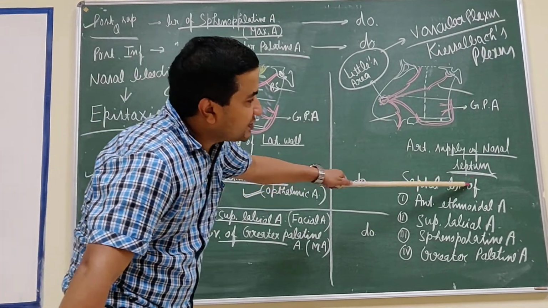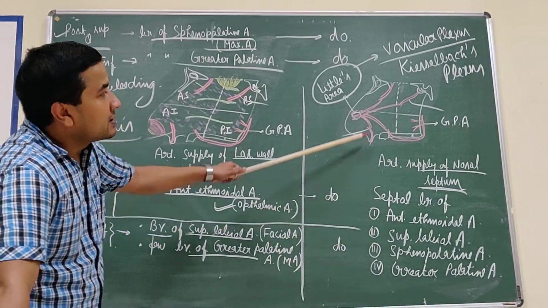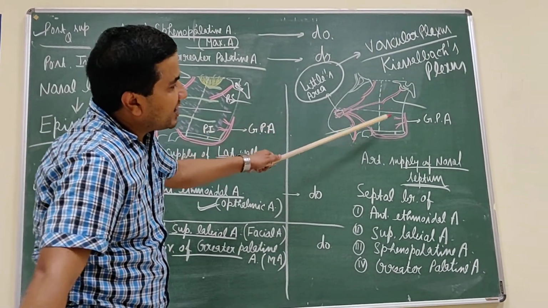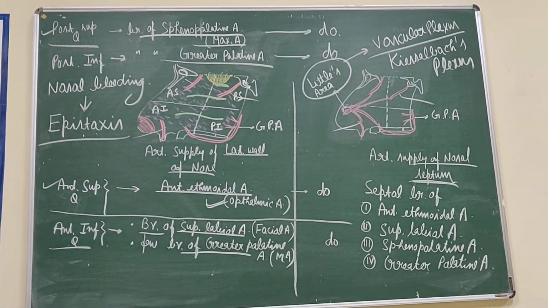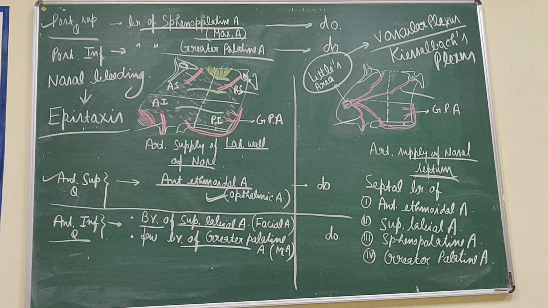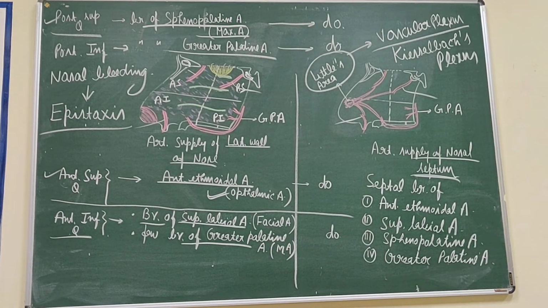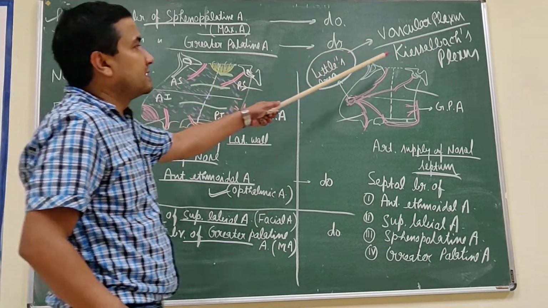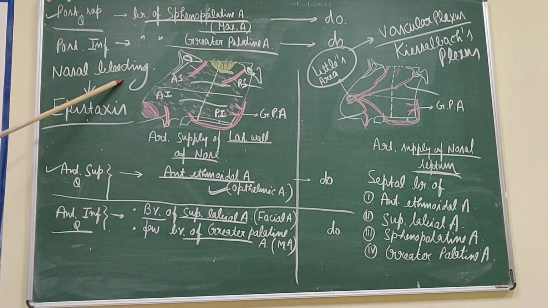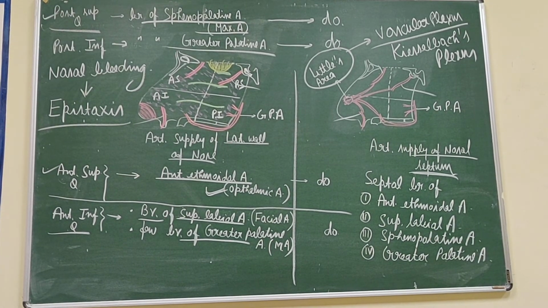Here the septal branches of the four arteries, anterior ethmoidal artery, superior labial artery, sphenopalatine artery, and greater palatine artery, anastomose, and there is a plexus of arterioles and venules. This plexus is Kiesselbach's plexus, and this is the most common cause of nasal bleeding, known as epistaxis, in children and adults.